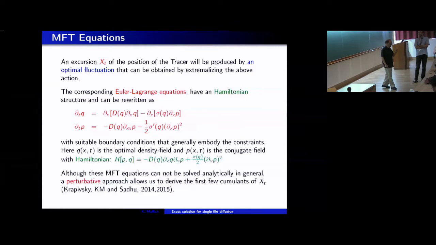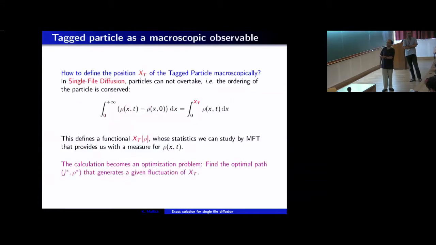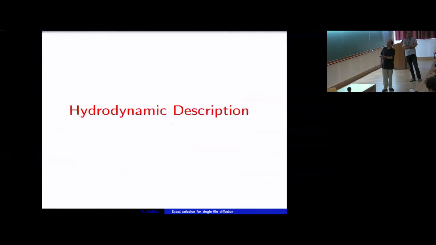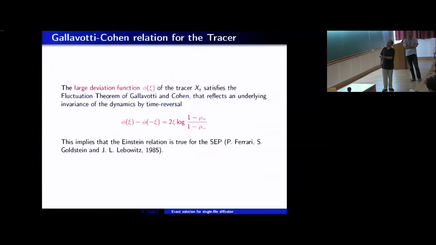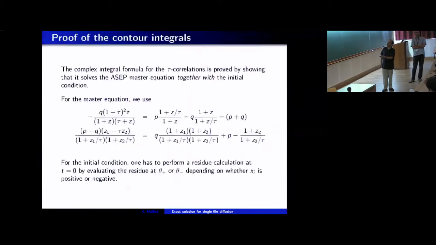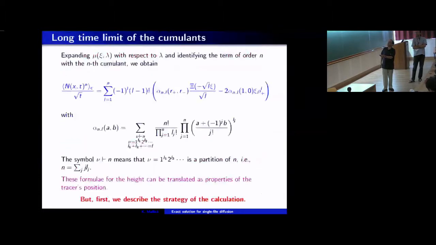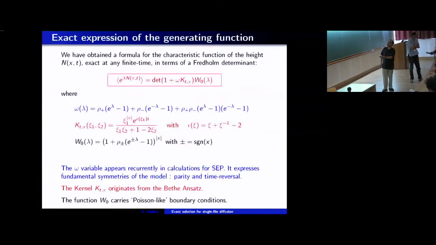The 4 of them, 2 of them embody the initial condition. And 2 of them, in fact, embody the fact that you want your tracer to do some non-typical excursion. The non-typical excursion can be traded off as a special value of the fugacity parameter, here, for example, or here.